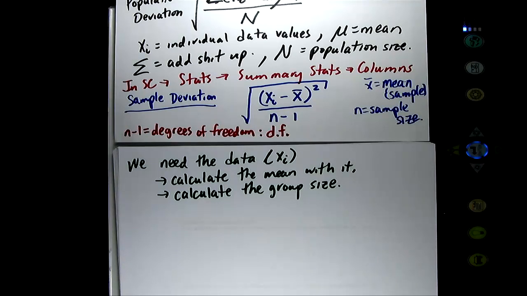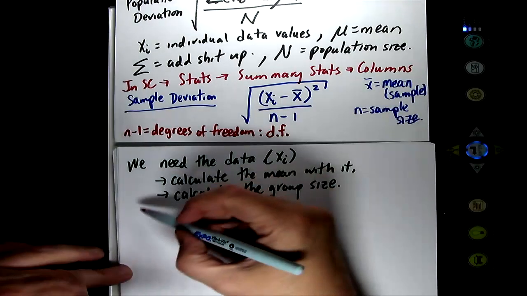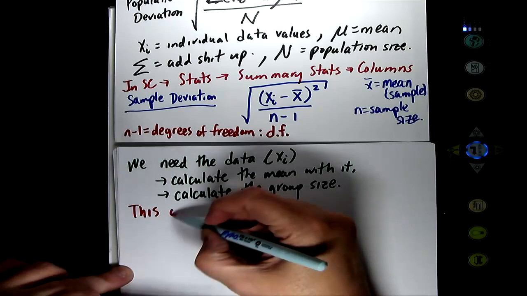So you can't have summarized data. We can't have 20 people said, I like morning. We wouldn't have each individual response in there. And morning isn't a good choice anyway. This only works on numbers, because we can't take the mean of a category. So just like mean, standard deviation only works on numerical data.